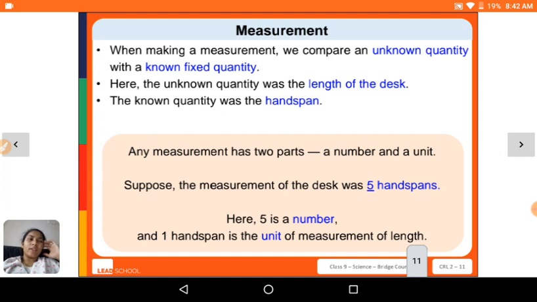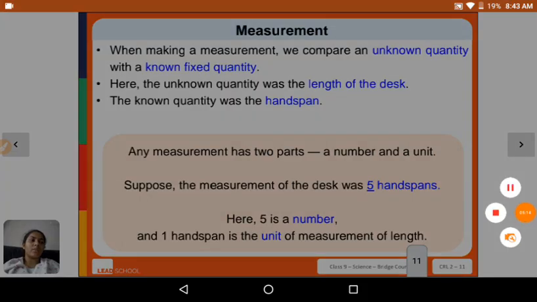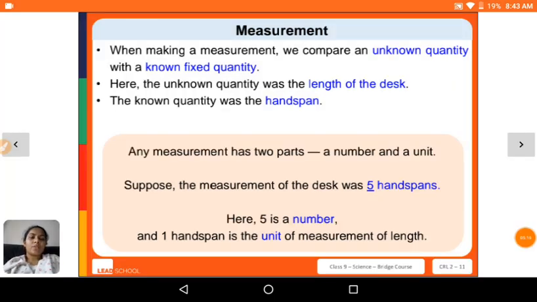When we make a measurement, we compare some unknown quantity with a fixed quantity. So when we compare with the desk, the length of the desk is unknown and the known quantity is the handspan. Any measurement has two parts, a number and a unit.